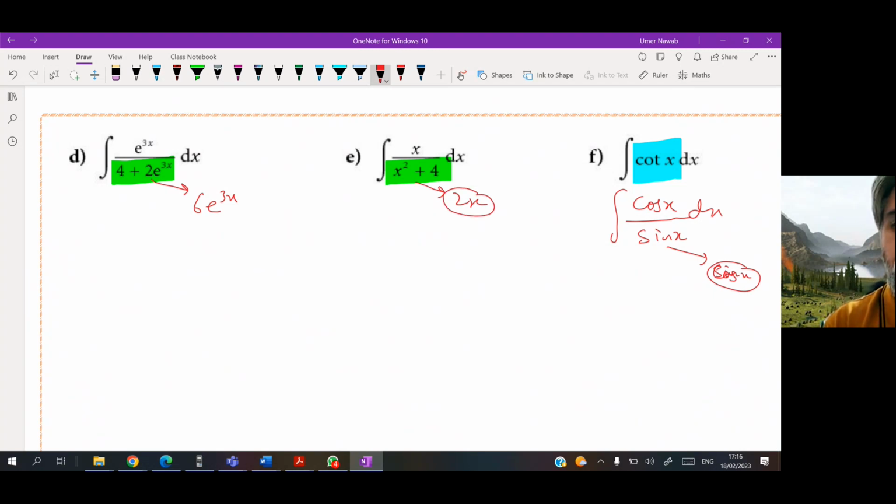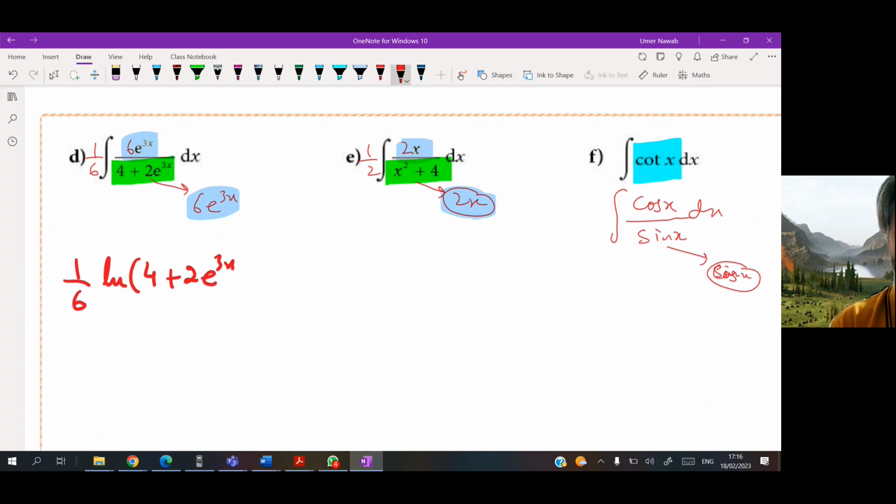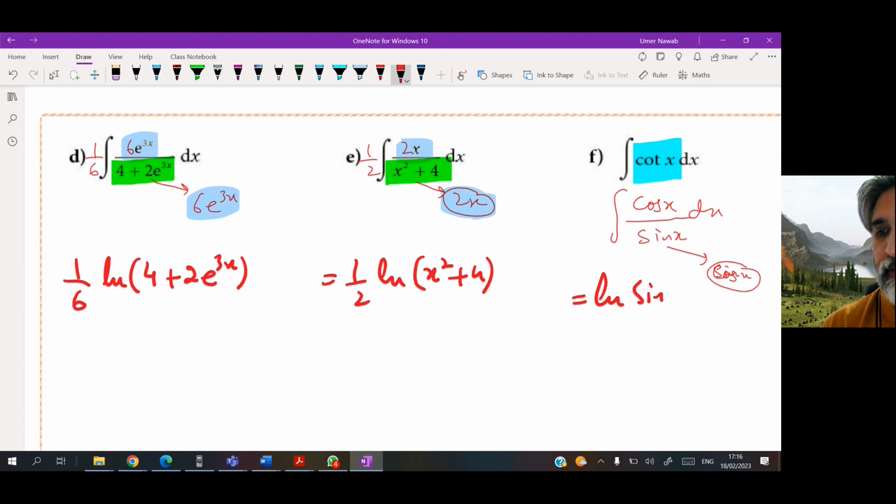Am I having here 2x on the top? So divided by 2, multiply 2. Am I having 6 here? Divided by 6 and multiplied by 6. Once you make sure you have the same things here, now my answer is 1 over 6 ln of 4 plus 2e^3x, 1 over 2 ln of x squared plus 4, ln of sine of x plus c.